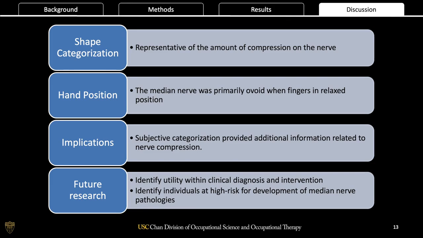For example, individualized care could be implemented to different people based on their individualized nerve shape. Also, longitudinal studies could examine these measurements to determine their ability to identify individuals at high risk of development of median nerve pathologies due to median nerve deformation during functional hand use.